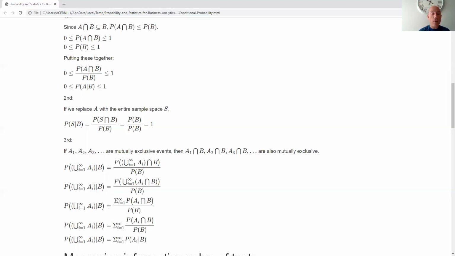So here I can see up top, I have the entire summation, and I'm dividing the whole thing by this probability of B. What we're going to do, we go through and we distribute that probability of B across all of the individual terms in the sum, and we get this part of the equation. All right, now if I look at this, I see that this is the conditional probability of A sub i given B. Boom, we've got this. And so now this satisfies the third axiom for us.